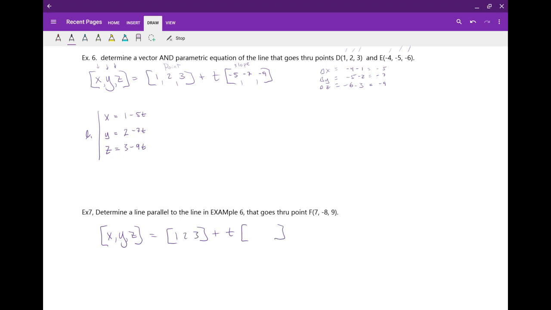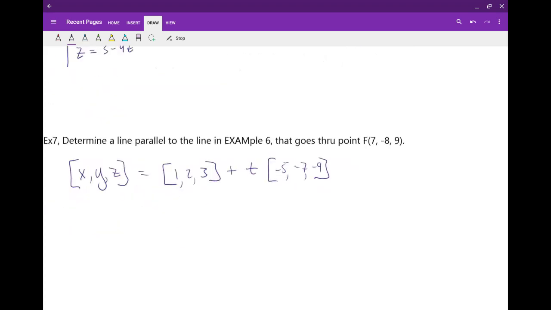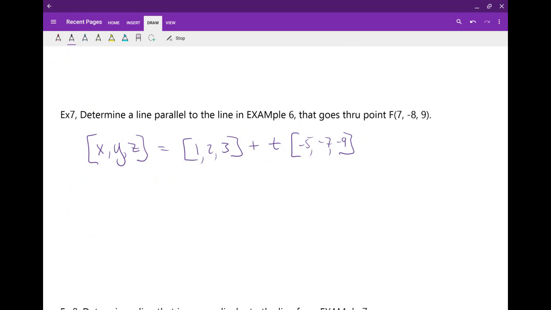And it's got a 1, a 2, and a 3, and a -5, a -7, and a -9 for its slope. Now, in order to be parallel to this line, this is called line 1, I'm going to make a new line. I'll call it line 2, and it's got its own infinite set of coordinates here, and it's got its own point.